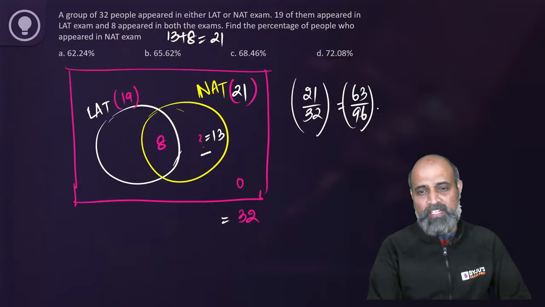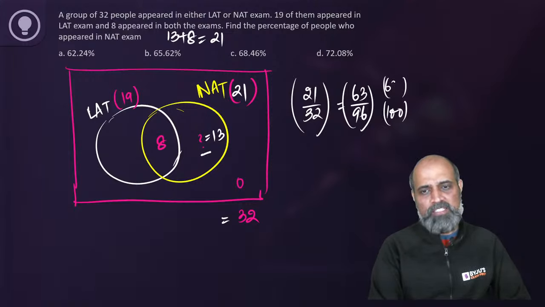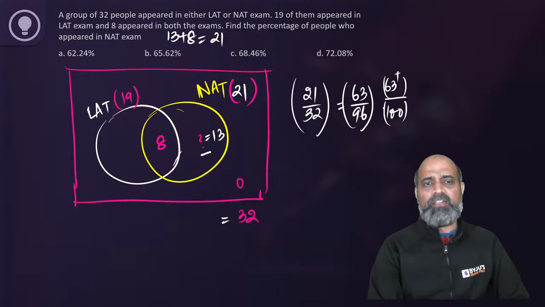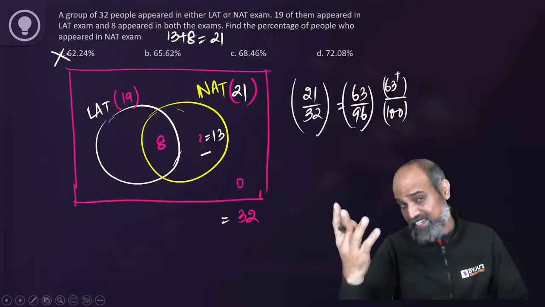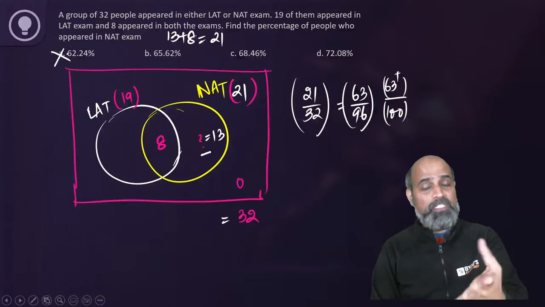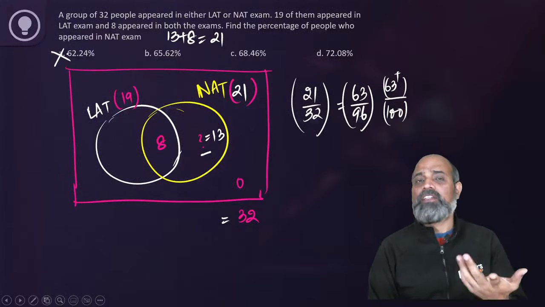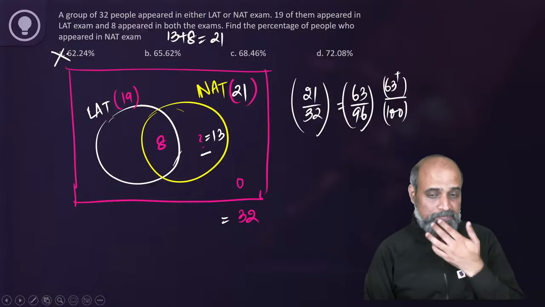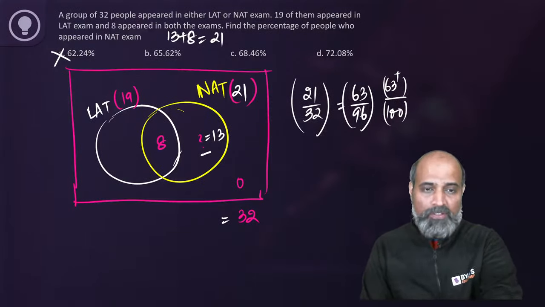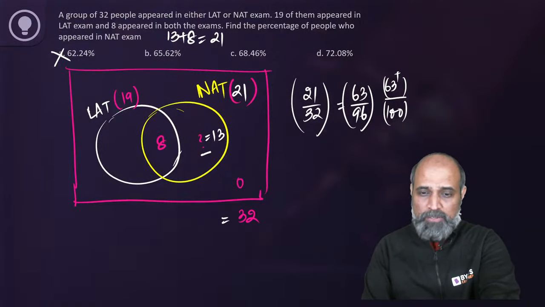If the denominator, if I change it to 100, तो हमारा न्यूमरेटर 63 से तो ज्यादा हो जाएगा. 63 से ज्यादा हो जाएगा तो कितना ज्यादा होगा? Is it going to be 65 के आसपास? Is it going to be 68 के आसपास? Is it going to be 72 के आसपास? कितना ज्यादा हो जाएगा? Right? It's definitely going to be close to 70.